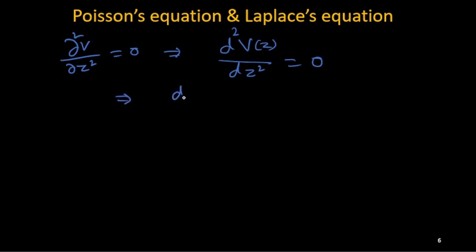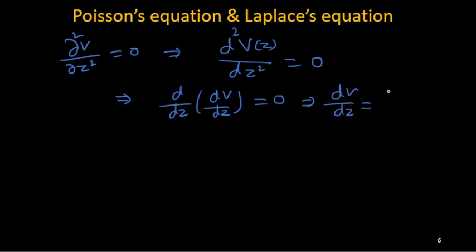First I can write d dz of dV dz equals to 0. So the derivative of something is 0, so obviously this part should be a constant. So dV dz should be a constant, suppose k1. Now what is V?